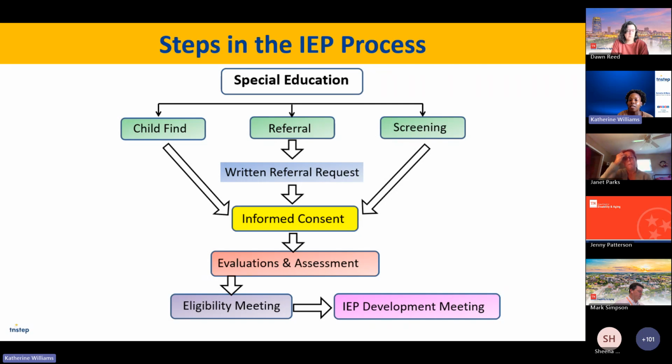If they are, then the IEP would be developed and then a meeting would happen to go over all of that information and the IEP would be implemented. So there's a lot of steps that go into it, but it's just nice to see it all laid out. And then also on our website, and I'll provide that information at the end, we do have one pagers on the eligibility process, and it goes into a lot more detail.